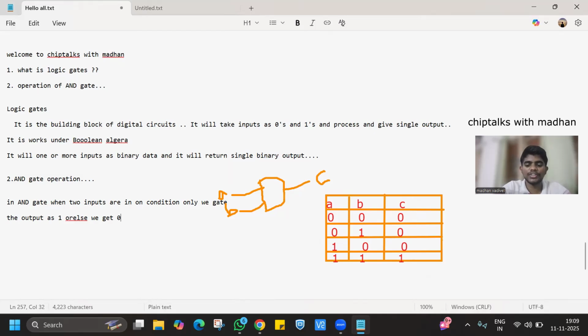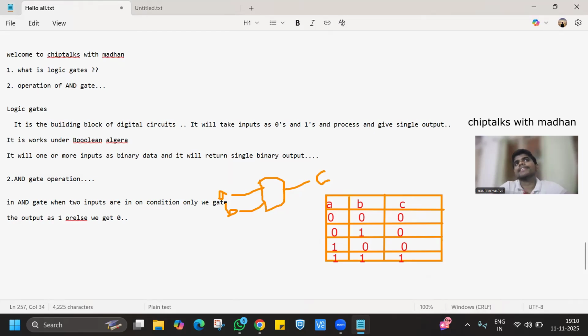This is the rule. This is the truth table of the AND gate. And if anyone asks what is the logic of operation of the AND gate, when both inputs are 1, the output will be 1, or else with the remaining combinations it is 0.